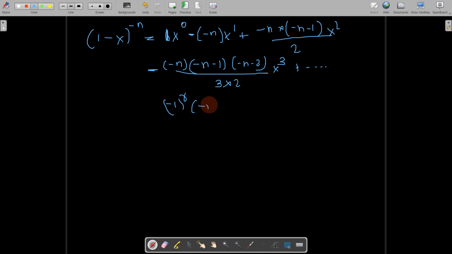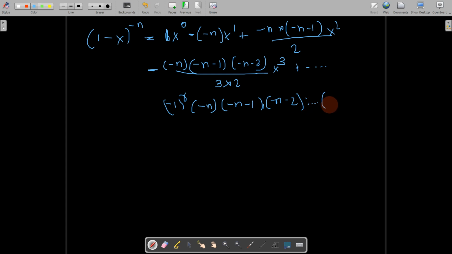So that would be minus n, minus n minus 1, minus n minus 2, so on till where we have to stop. We have started from n minus 0, so we will end at r minus 1, right?